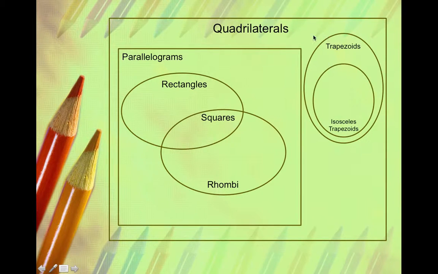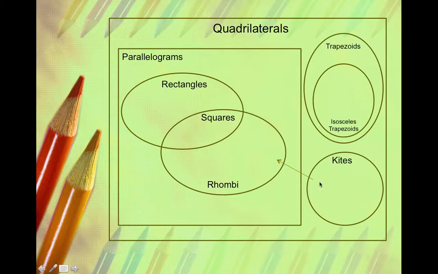Trapezoids are another special type of quadrilateral. They are not in the group of parallelograms. So trapezoids are not parallelograms because trapezoids only have one pair of parallel sides. Isosceles trapezoids are a special type of trapezoid that has congruent legs and congruent base angles.